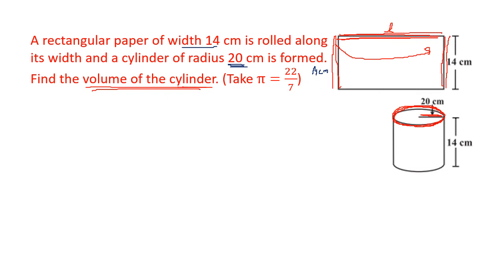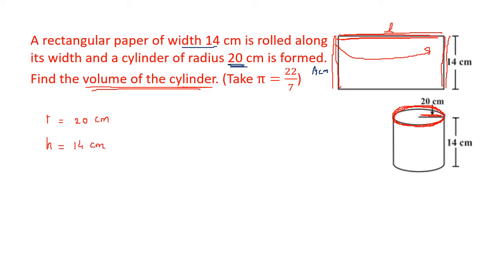So the paper rolled formed a cylinder. Now we know the radius. On rolling, the radius became 20 centimeter. The height, that was the width of the paper, remained the same, that is 14 centimeter.